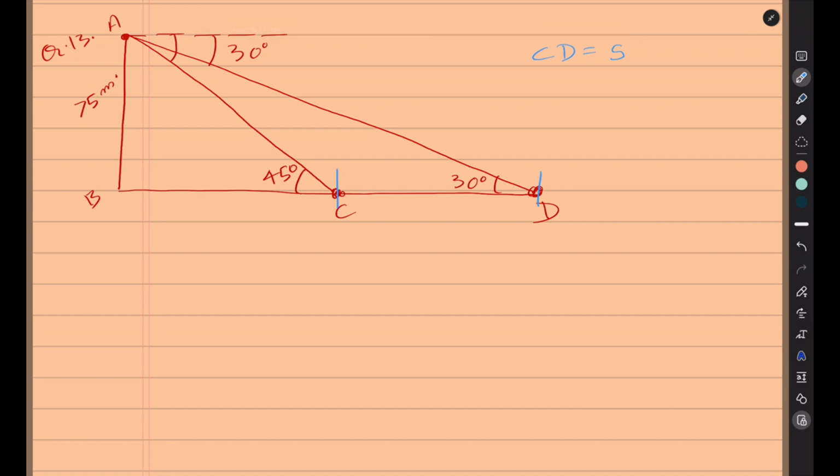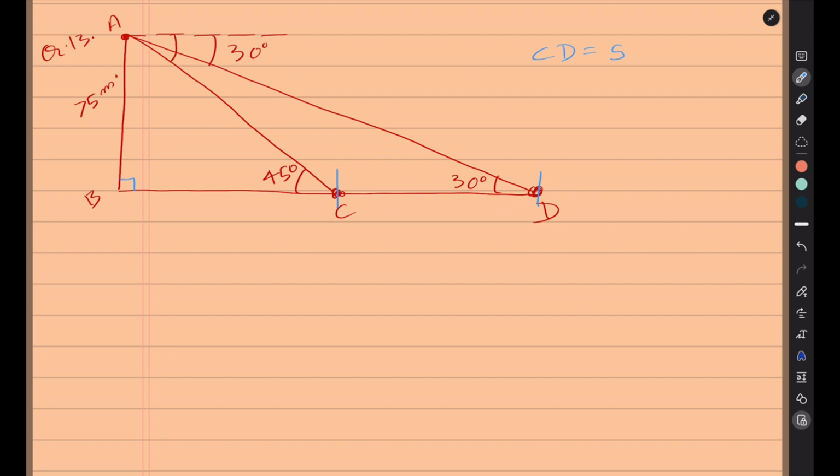Let it be distance S between point C and point D, which are two ships. Okay, if you want to solve this problem by yourself, stop this video, try it. Now I will again proceed ahead with our thinking.